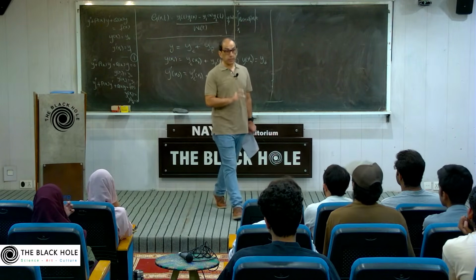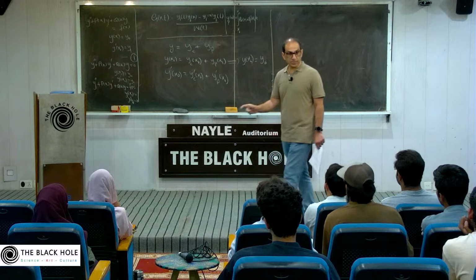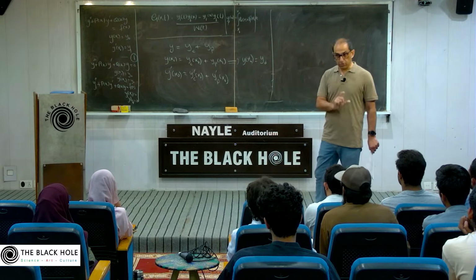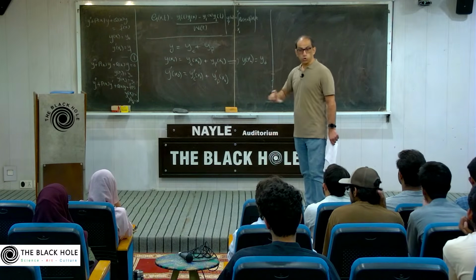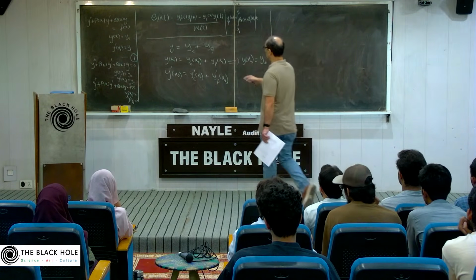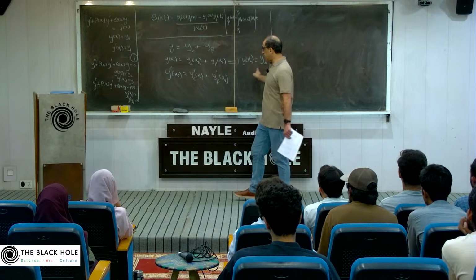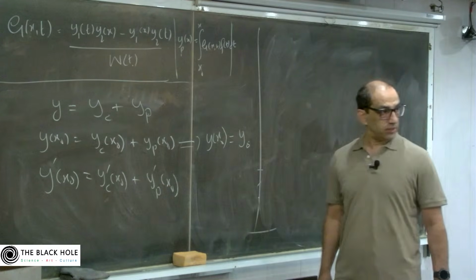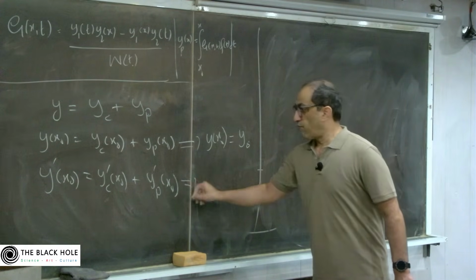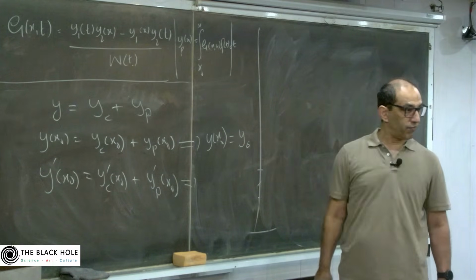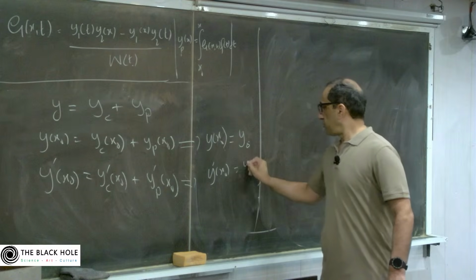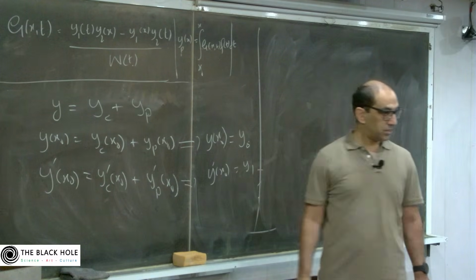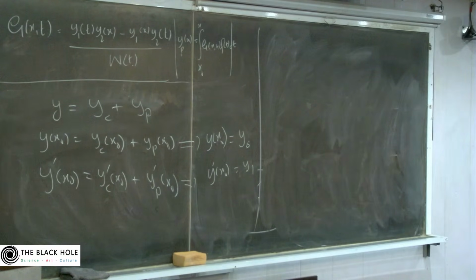And now you are actually applying them and seeing whether the claim is right that you can split the whole solution into two parts. Now plug this value in. Y dash c of x naught is y1. So y dash of x naught is equal to y1.